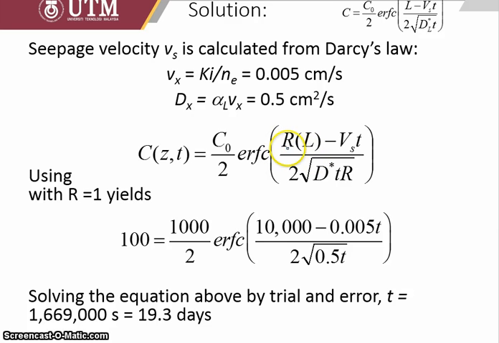Just now R is actually equal to 1, meaning there is no retardation, no sorption. So that's why we easily fill in the values, and we do trial and error, so we get T to be 19.3 days to achieve 100 milligram per liter of concentration.